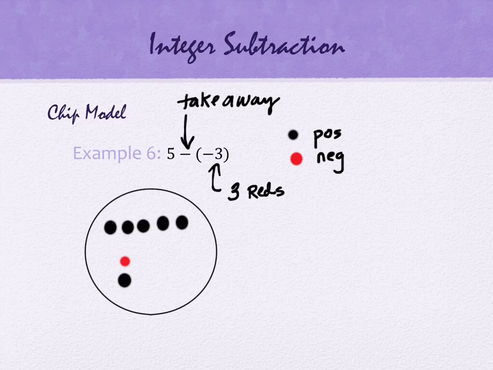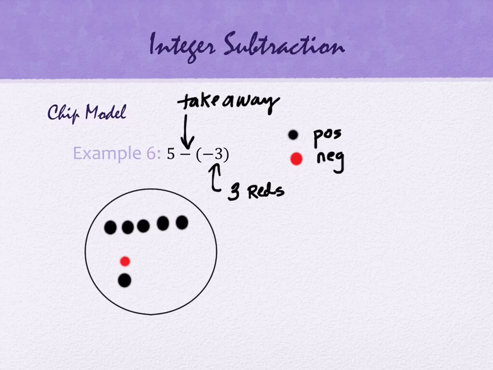So if I put in a red, I have to put in a black. Is everything in that circle still equal to the number 5? Yeah, it's weird looking, but it's 5. It's okay, because I have 6 positives and 1 negative, right? It's like borrowing $1 from somebody that you already have the dollar at home for. Something like that, right? Okay, but I need 3 reds.